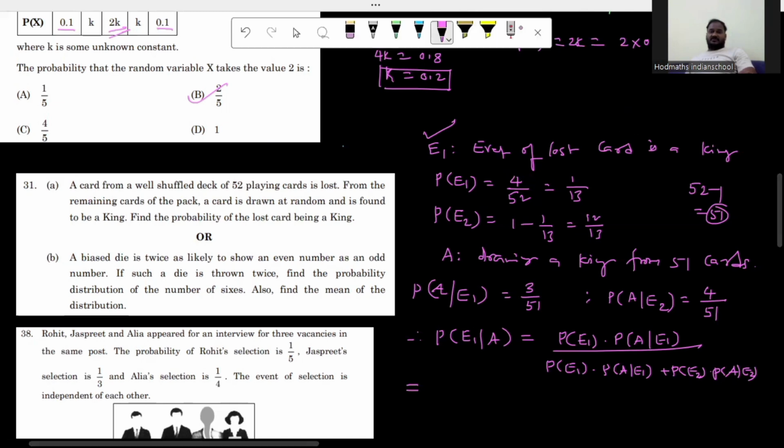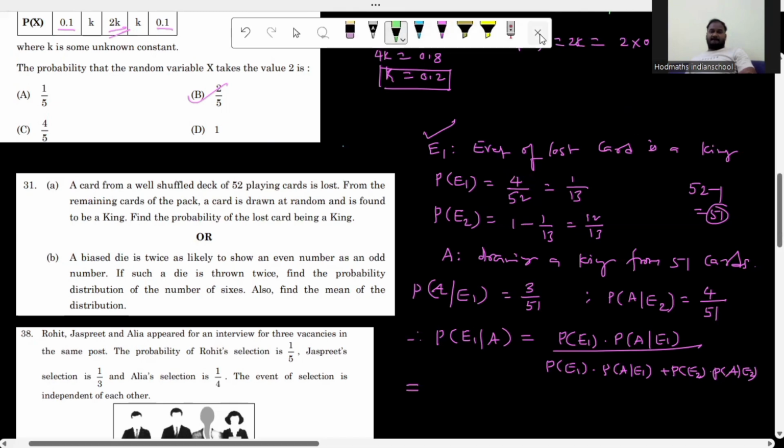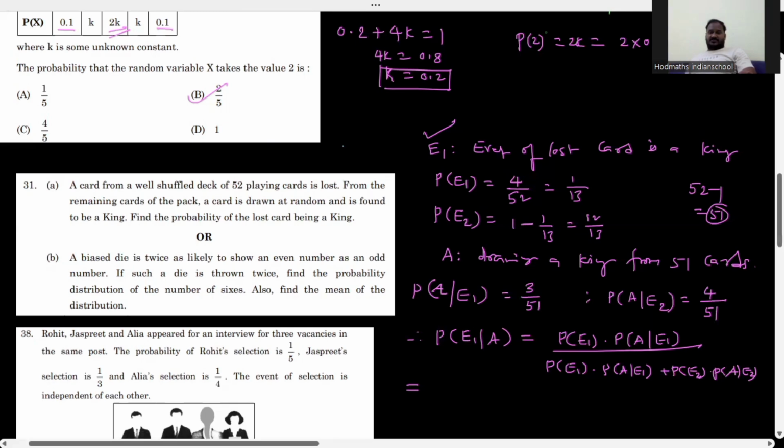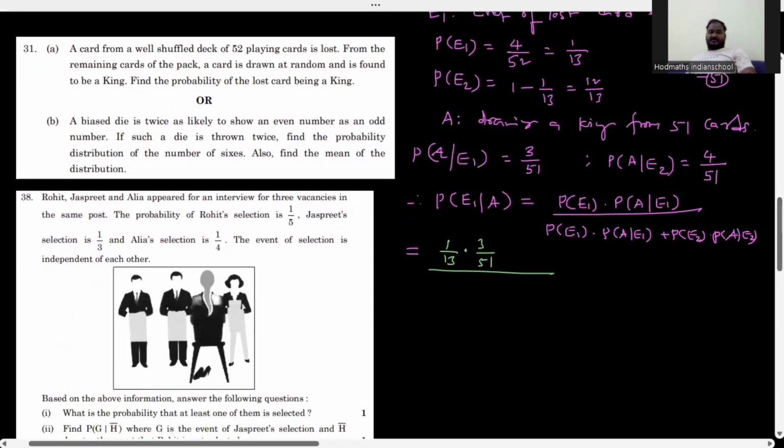Probability of E1 is equal to how much? E1 is 1 divided by 13, into probability of A given E1 which is equal to 3 divided by 51. Right? Whole divided by the same thing. 1 by 13 into 3 by 51 plus probability of E2 into probability of A given E2.